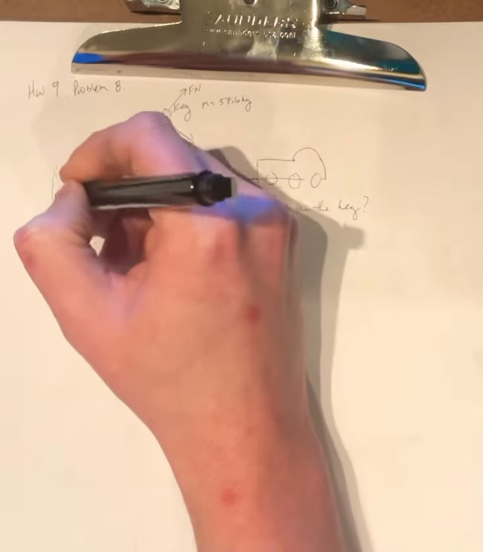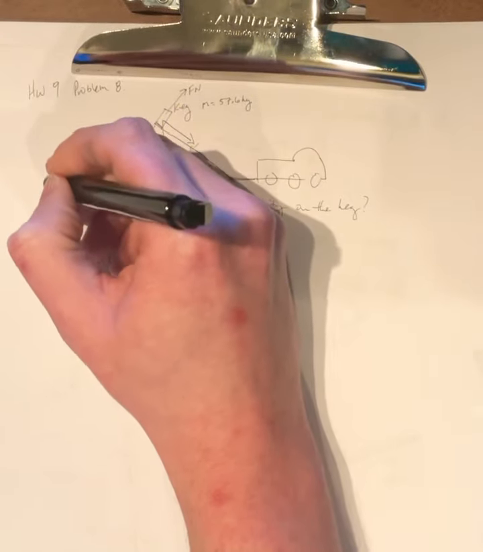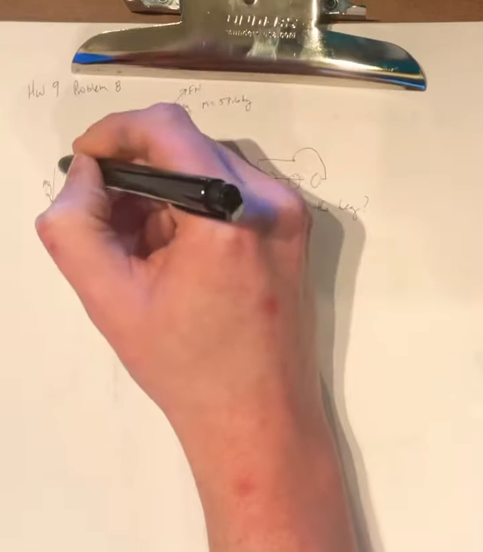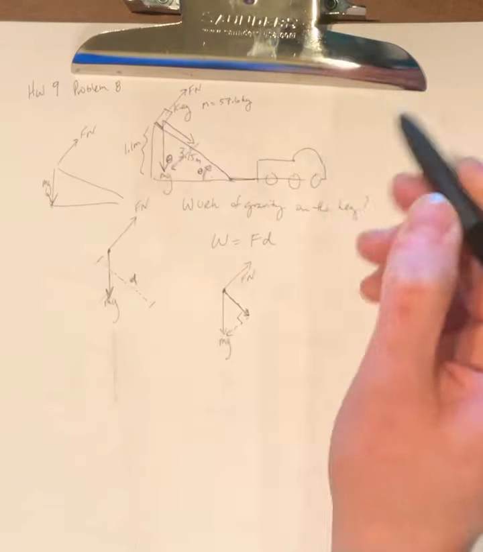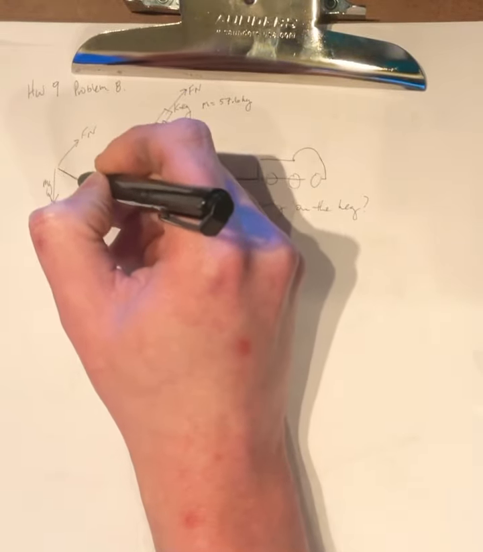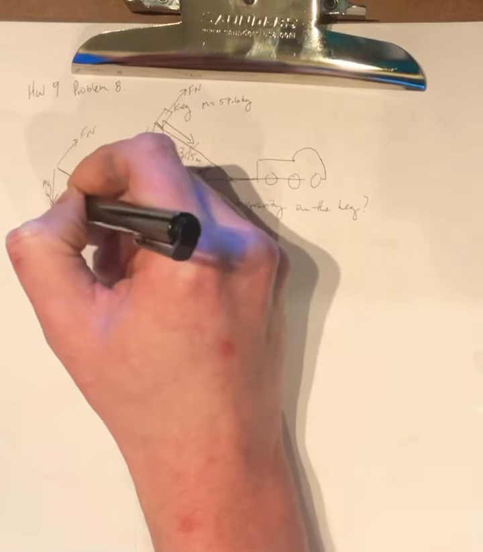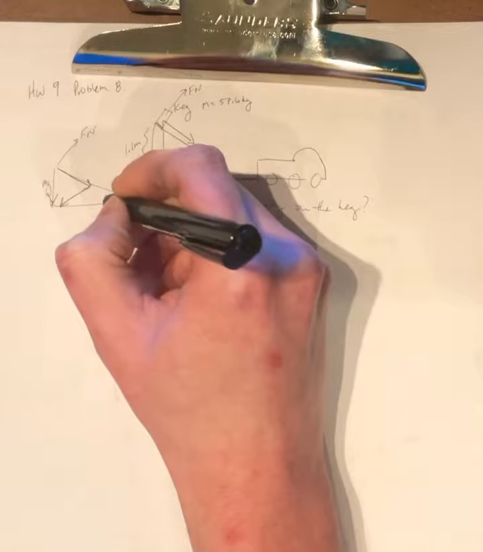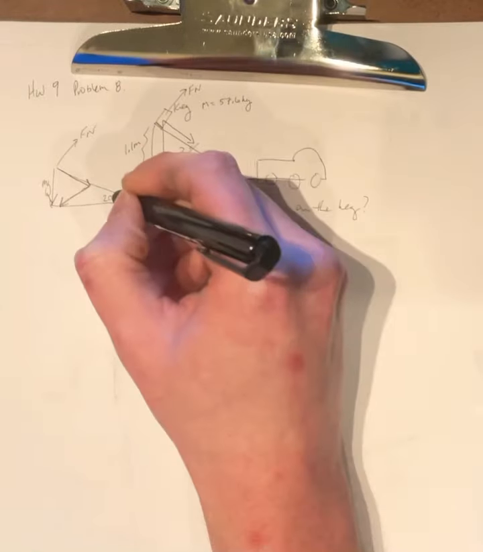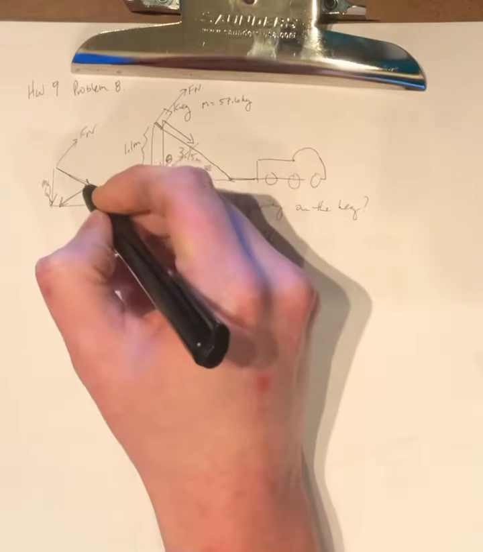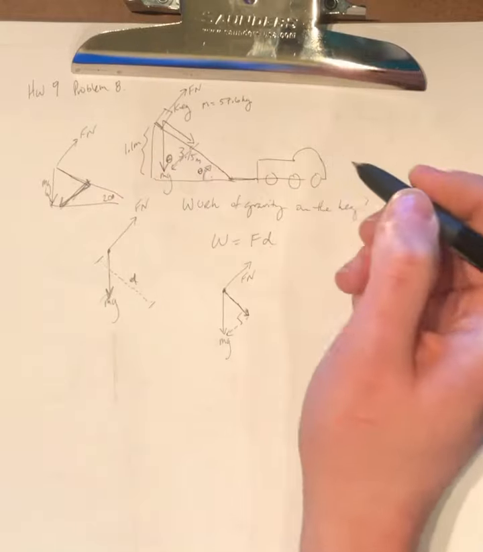Same scenario, we have mg pointed down, we have the normal force, and this mg is broken into its components, kind of like that. Say if this angle here was 20 degrees, this is supposed to make a right angle.